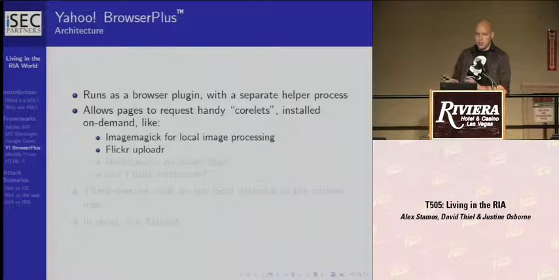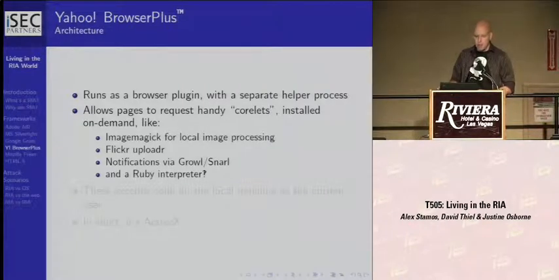There's a little sample app for uploading stuff to Flickr, notifications for Growl and Snarl to poke into the OS notification framework, and an embedded Ruby interpreter. This actually allows you to write further browser plugins in Ruby. So it's kind of this mashup of ancient plugin technology with new, sexy, slow interpreted languages.